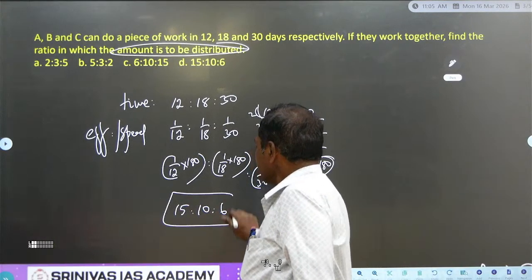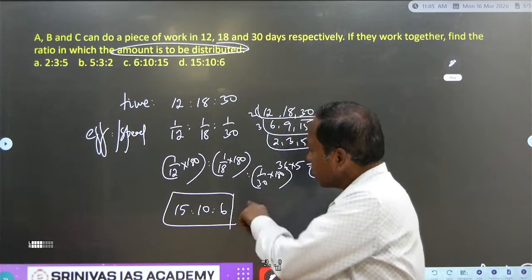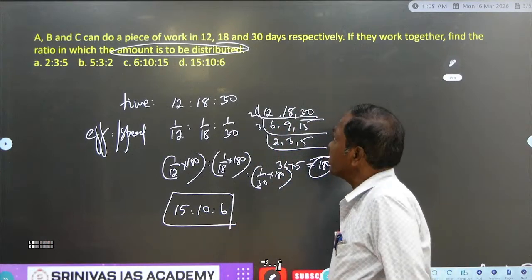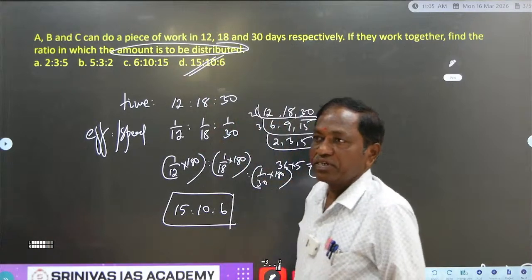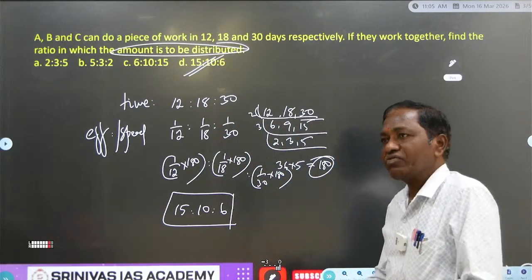This is the efficiency of work. Accordingly, money is to be distributed: 15, 10, 6. Option D. See that, nothing is there actually. Only the conversion is required.